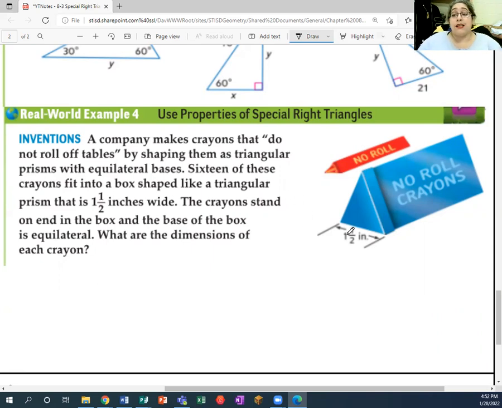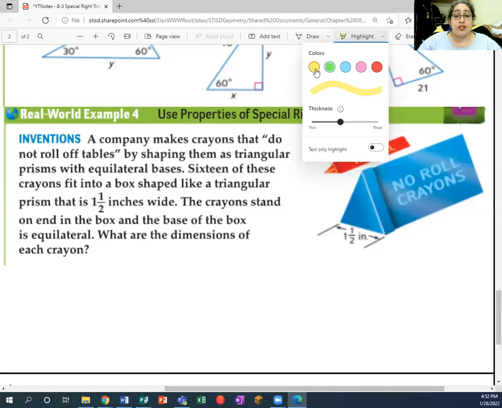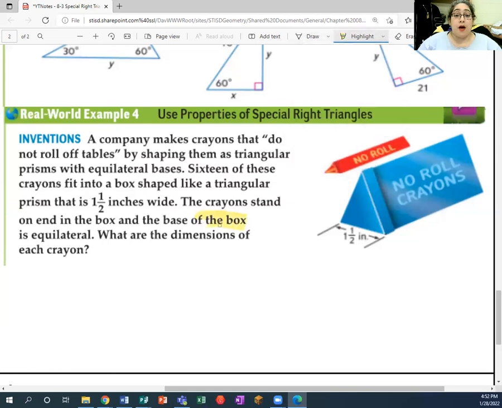This box is 1.5 inches wide. The crayons stand on end inside the box. So the crayons are going to stand on this, and they want to know what are the dimensions of the crayon. All right, there's a little bit more information to grab from this, and that is that the box is equilateral. We have to go back and remember, what does equilateral mean? Equilateral means equal sides.